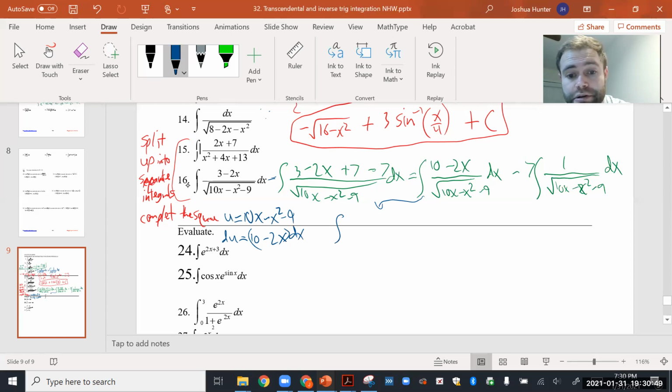So it's just going to be integral of u to the negative 1/2 du, which would become 2u to the 1/2, which is 2 square root of 10x minus x squared minus 9. Then we're going to have minus 7 times whatever that thing becomes.